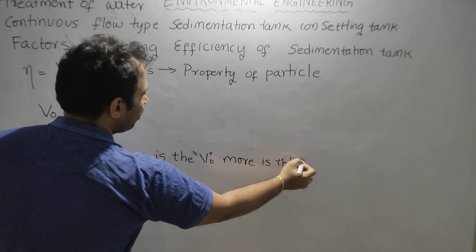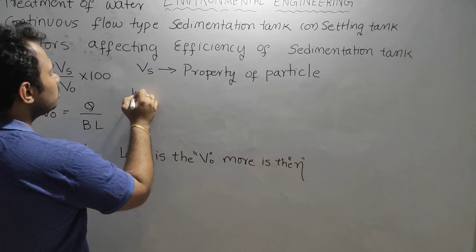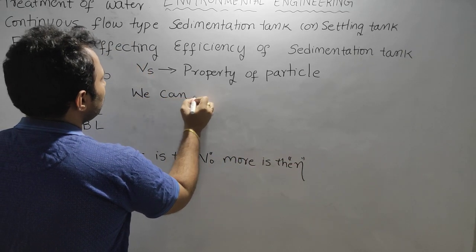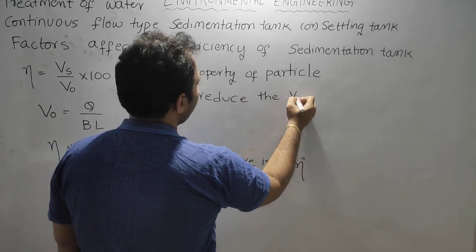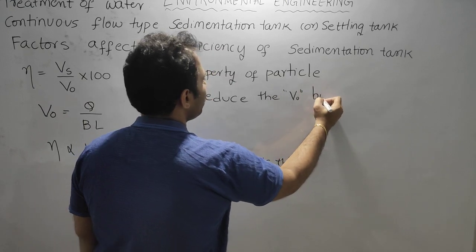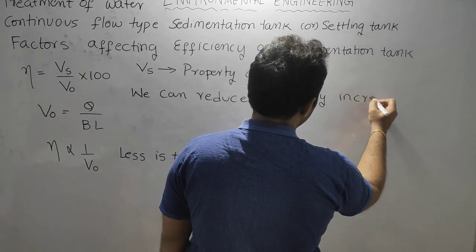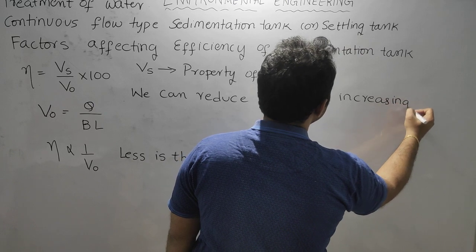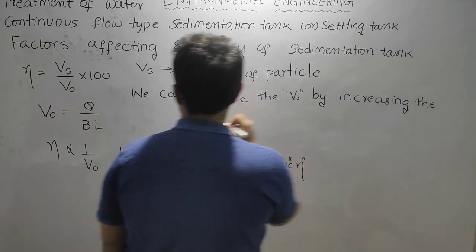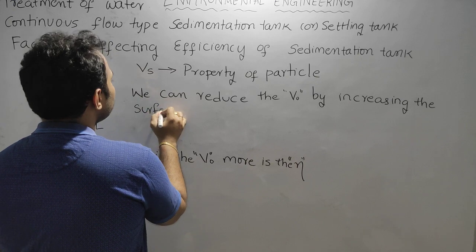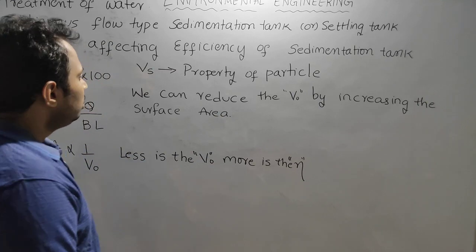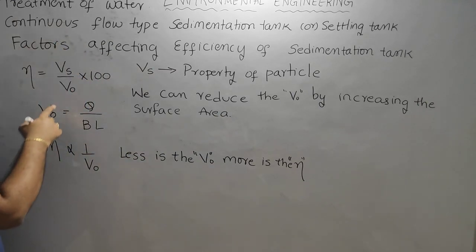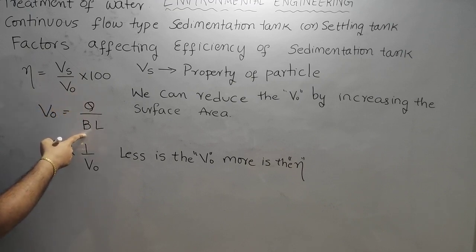So, we can reduce the overflow velocity V naught by increasing the surface area. Efficiency is directly dependent on overflow rate and indirectly dependent on surface area.